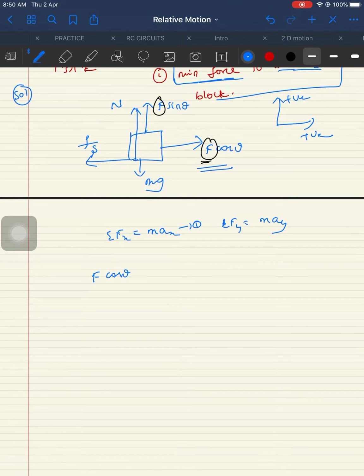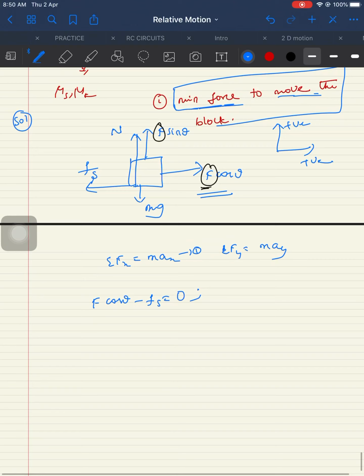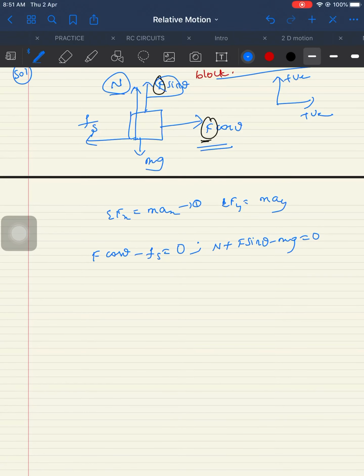F cos theta minus static friction is equal to 0, because it's on the verge of motion. For Fy, N and F sin theta are both in the positive direction, so N plus F sin theta, and mg is in the downward direction, minus mg is equal to 0. So N becomes mg minus F sin theta.